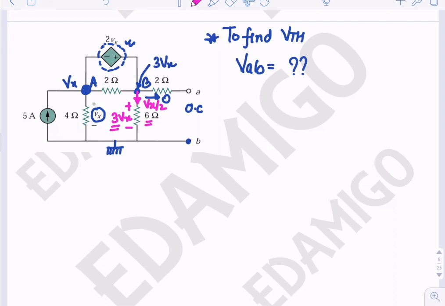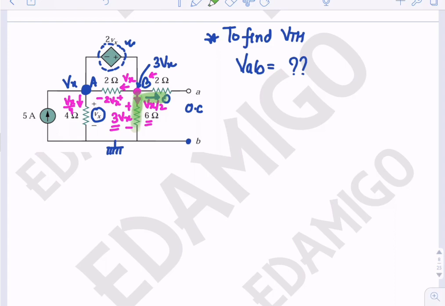As we can see, the voltage across this 2 ohm resistance is 2 Vx, so the current here will be Vx, because 2 Vx divided by 2 ohm. Here the current will be Vx by 4.